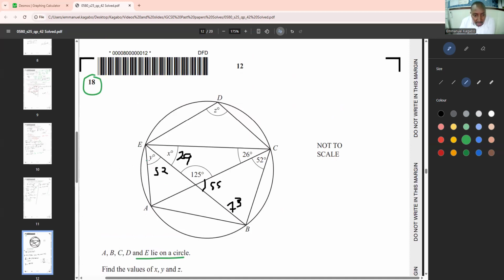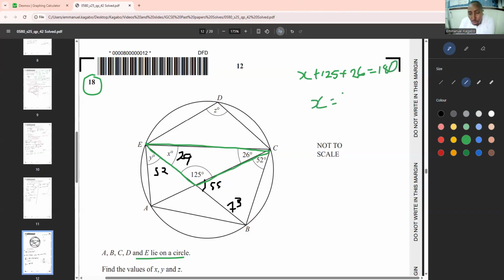Now, x is not after all the circle theorem. I have a triangle. Do you see that? You see this triangle? Okay. Angles in a triangle add up to what, guys? 180 degrees. So x plus 125 plus 26 should be equal to 180 because it's a triangle and angles in a triangle add up to 180 degrees.